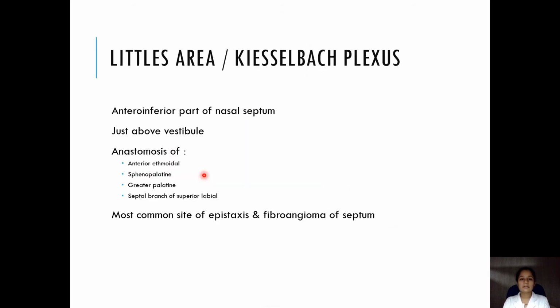This region of Little's area is the anastomosis of four main arteries: anterior ethmoidal, sphenopalatine, greater palatine and septal branch of the superior labial artery. It is also a site of fibroangioma of the nasal septum.